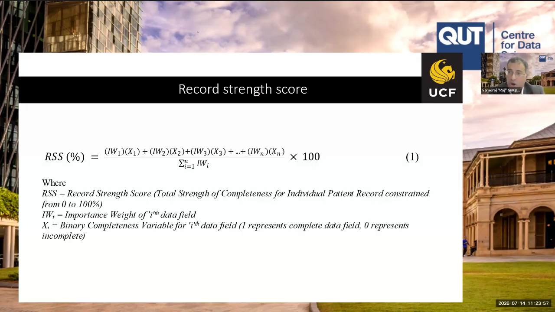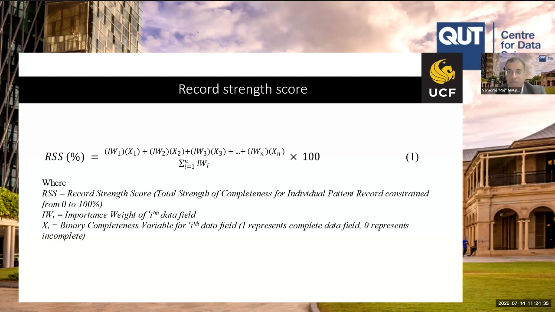But if a heart patient walks in and the blood pressure of that patient is not recorded, if that is X2 and X2 is 0, then IW2 should be very high because the weightage is also high. If an Alzheimer's patient walks in and the level of memory disorder during the last visit is not recorded, that weightage would also be extremely high.